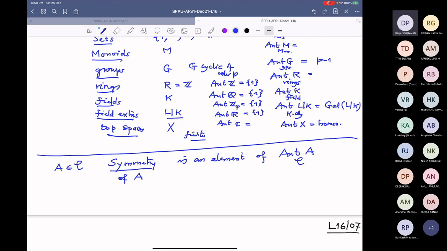So, for example, if you take the category of triangles in a plane with distance preserving maps, then an arbitrary triangle won't have any symmetry at all. But if it is isosceles, then you will have some symmetries. More symmetry will come only when the triangle is equilateral.